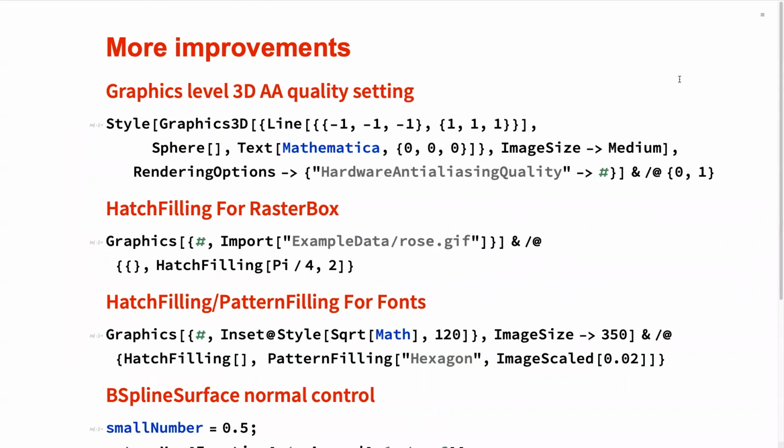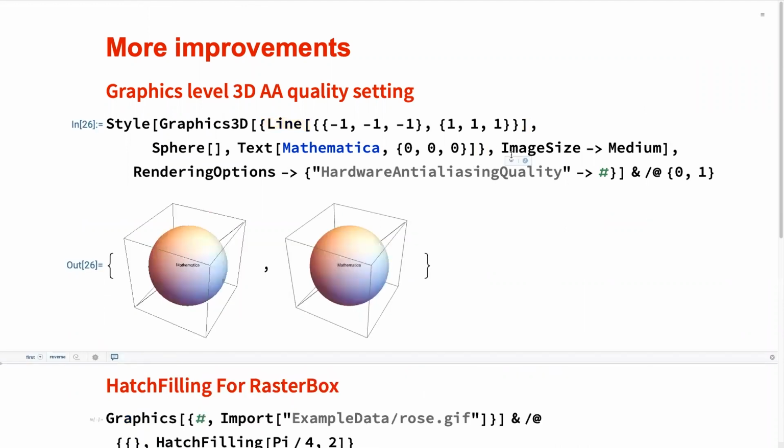Other than that, we also have other improvements, for example, 3D anti-aliasing quality. You can now set it at the graphics level. Previously, it was global: if you changed it, it would affect all the others. But now you can control it just for the specific graphics you want. You can tell that this one has no anti-aliasing, but this one has full anti-aliasing over here.